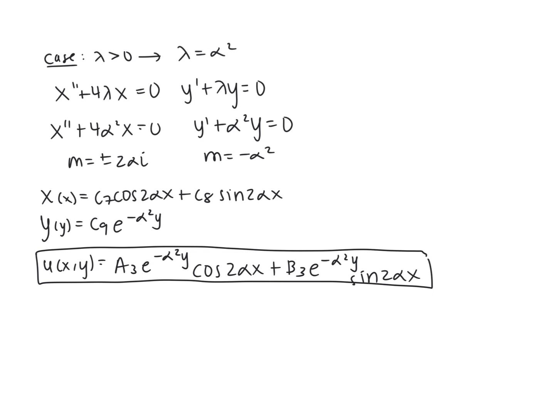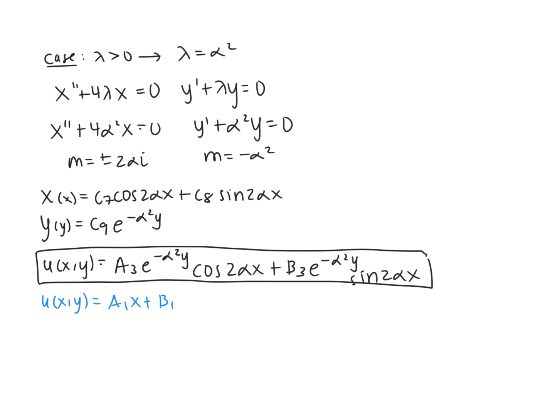Now again, we have 3 possible solutions. So we still have those 2 solutions that we had above. Our first solution that we found, u of xy, was a1x add b1.